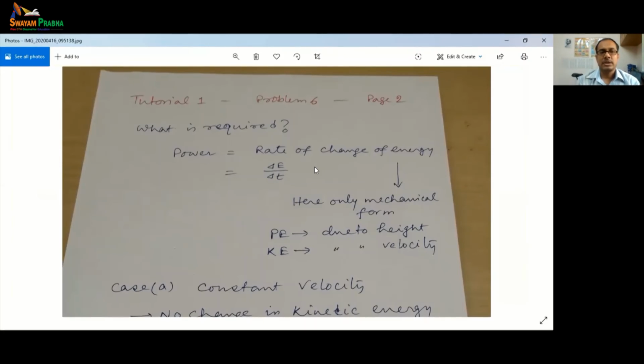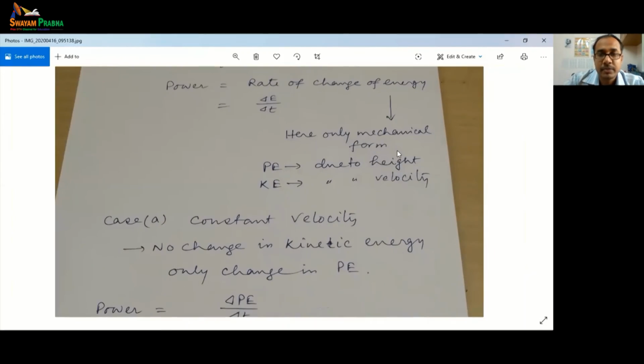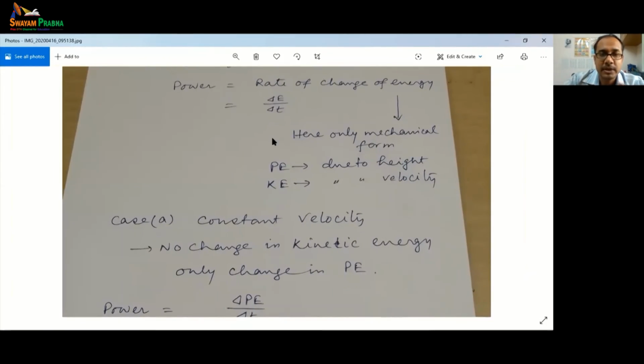Here the car either goes up or down, so you have a potential energy change due to height, and it also changes its velocity, so you have a change in kinetic energy as well. There are two forms of energy change here, potential energy and kinetic energy, and both of them we call forms of mechanical energy. This is the basic concept we are going to need to solve this problem.